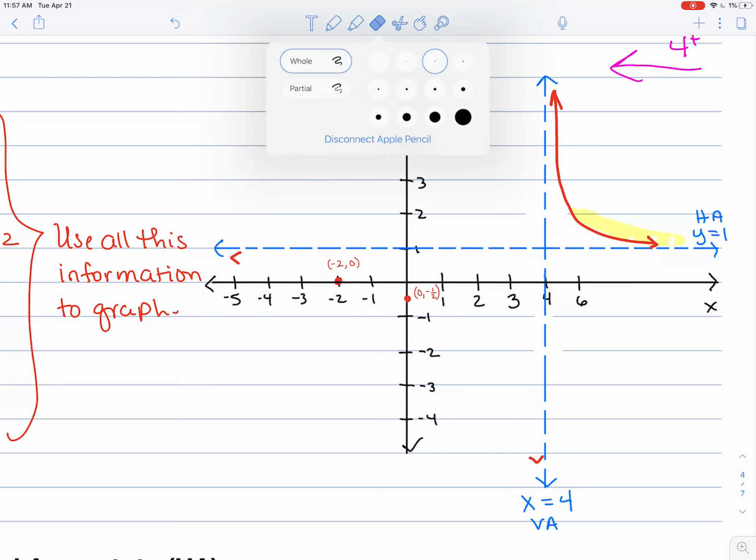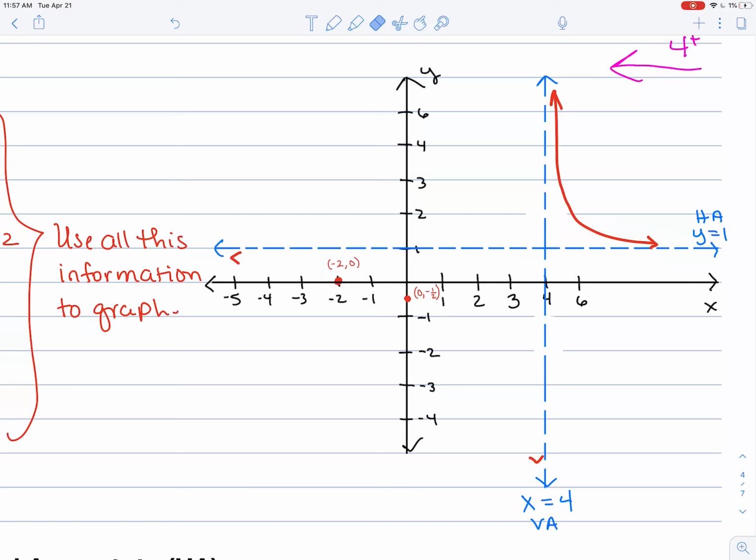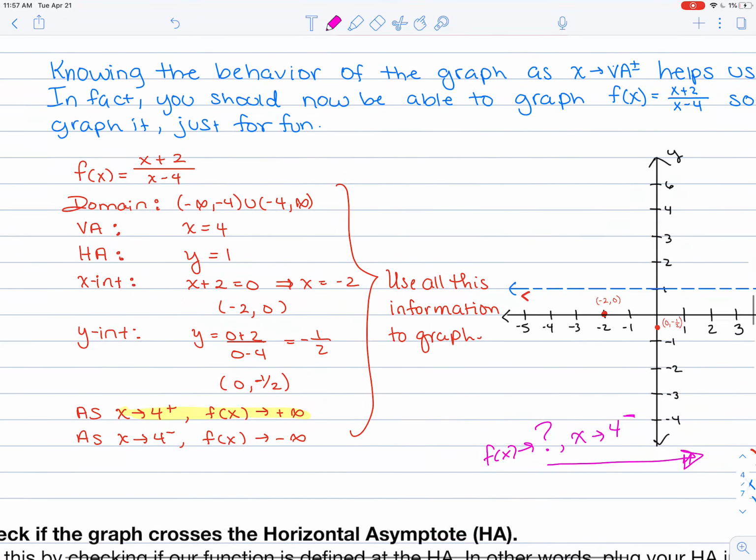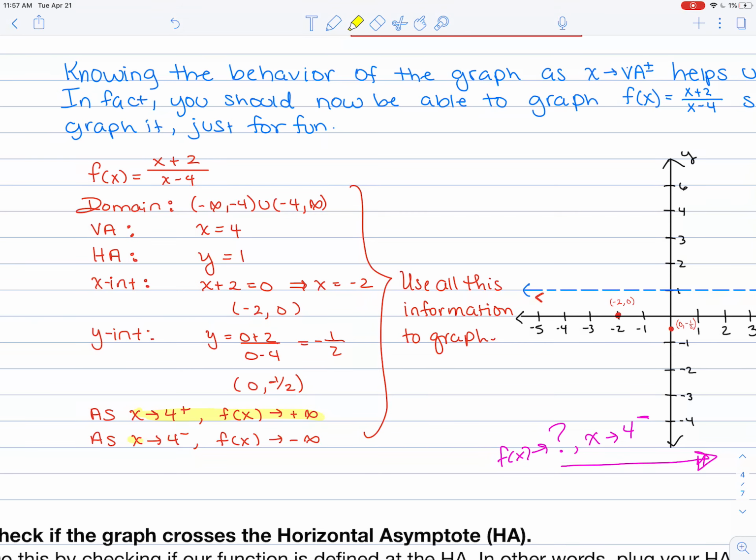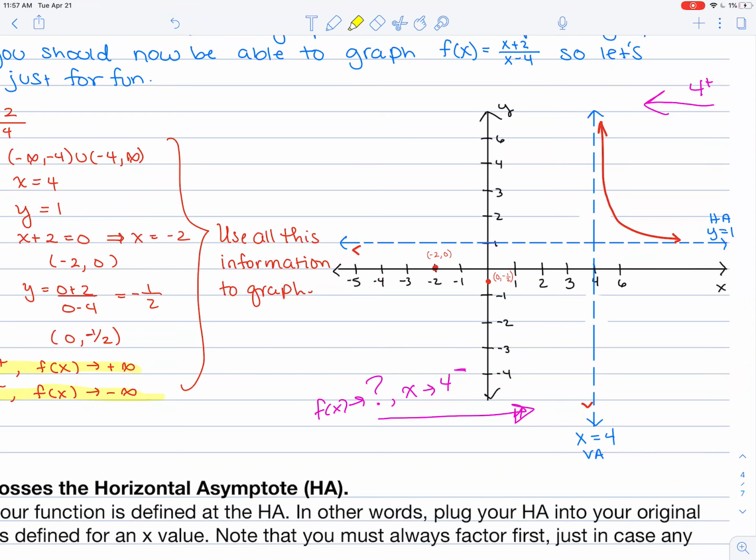So now let's take a look at the other part of the graph, because now I'm going this way, I want to see what happens to f of x as x is approaching 4 from the left. And we already did that, so let's go back over here. And now I'm looking at this part. It turns out f of x is approaching negative infinity, so I know my graph is going down. And then I also know where my x-intercept and my y-intercept are, so that should have been a good indication where your graph is going.